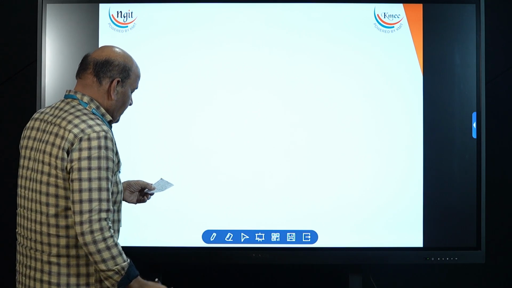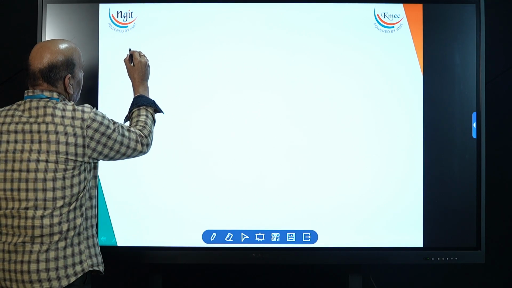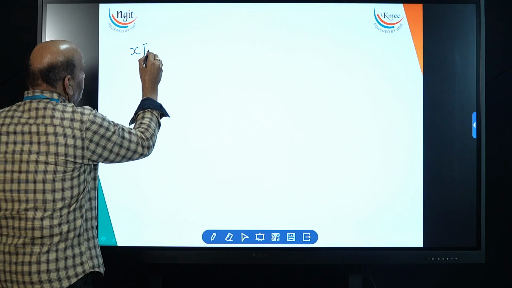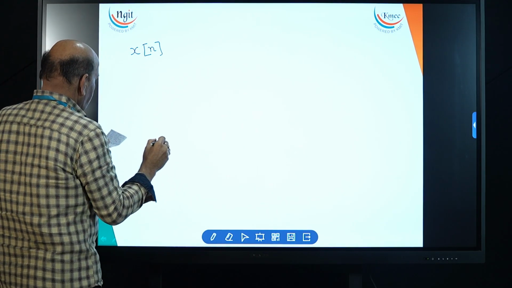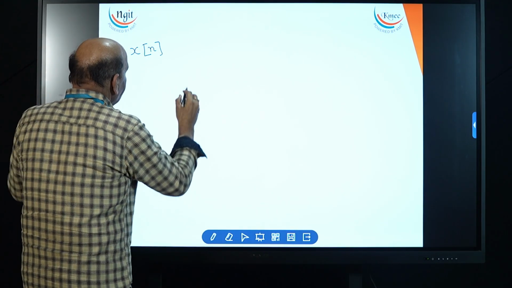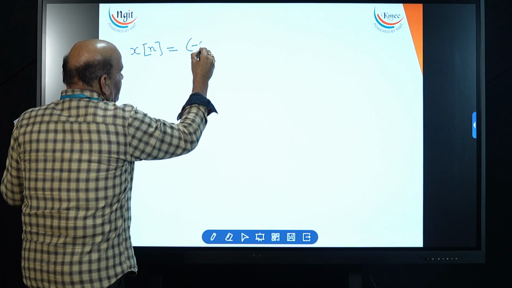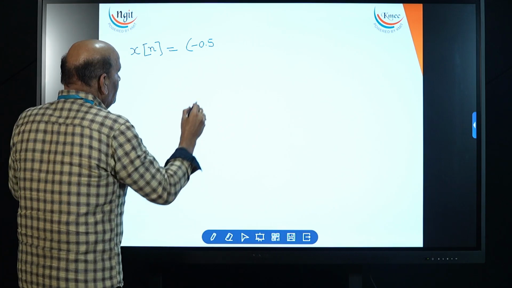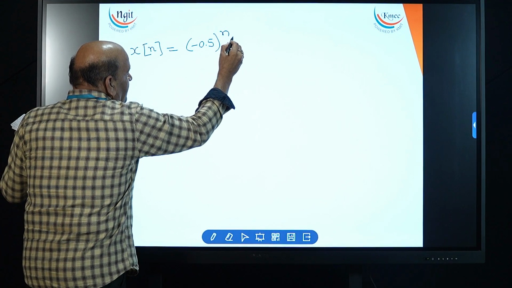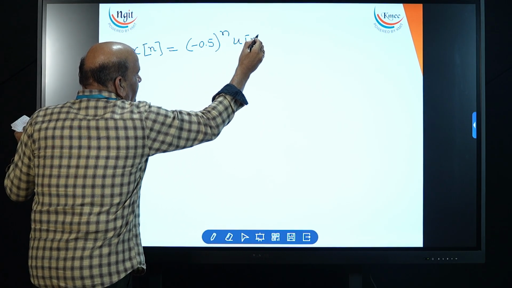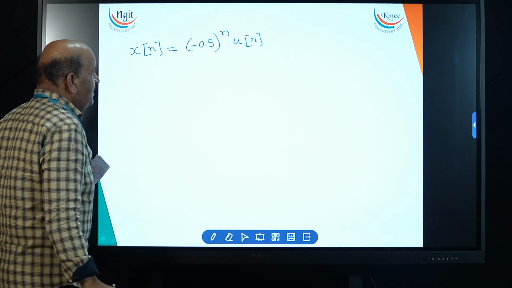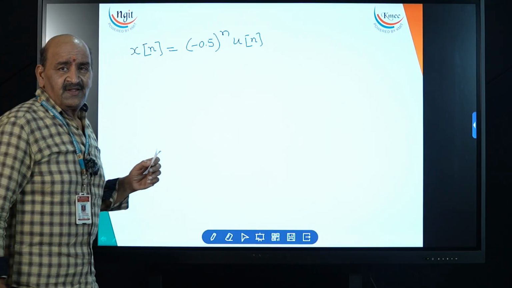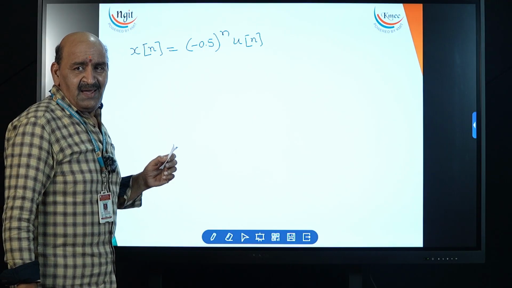Now, the next problem is x of n equal to minus 0.5 whole power n into u of n. Here suddenly one change has emerged.